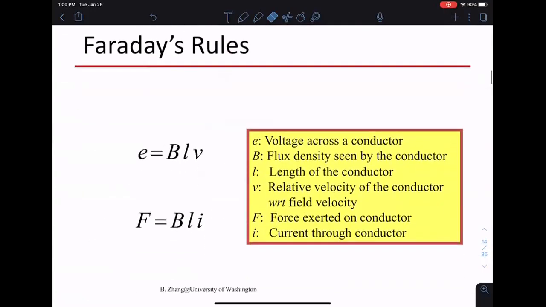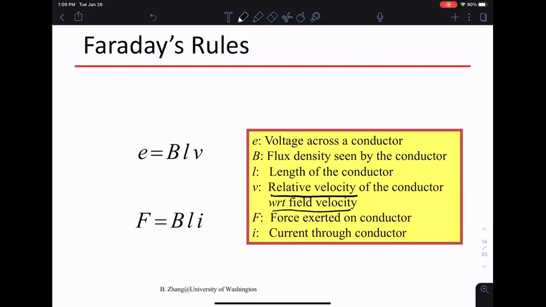At a very simple level, power exchange comes from Faraday's law. We have a flux, and a conductor moving through the flux generates a voltage difference. The key thing to read here is the relative velocity with respect to the field velocity.